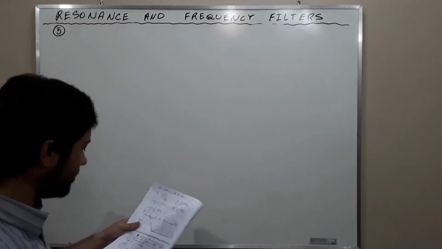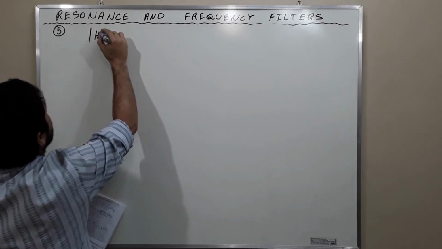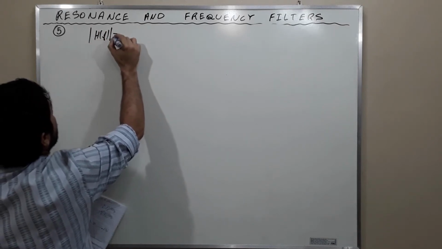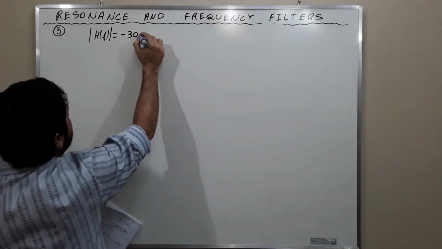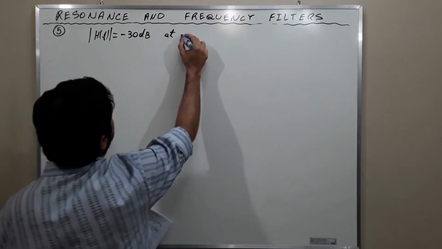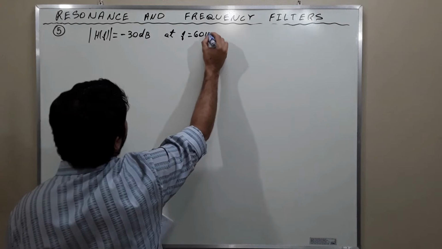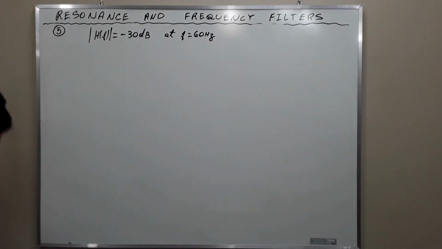Okay, the exercise said that the magnitude of the transfer function is negative 30 decibels at the frequency of 60 hertz. Okay? And the exercise wants us to determine the corner frequency. Let's do it. Let's solve this exercise.